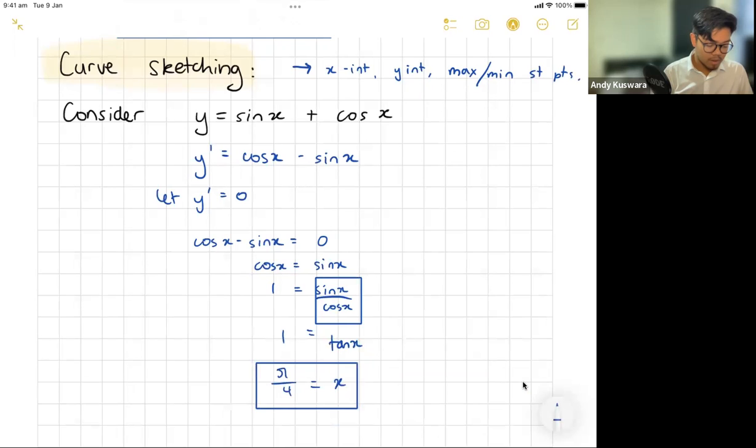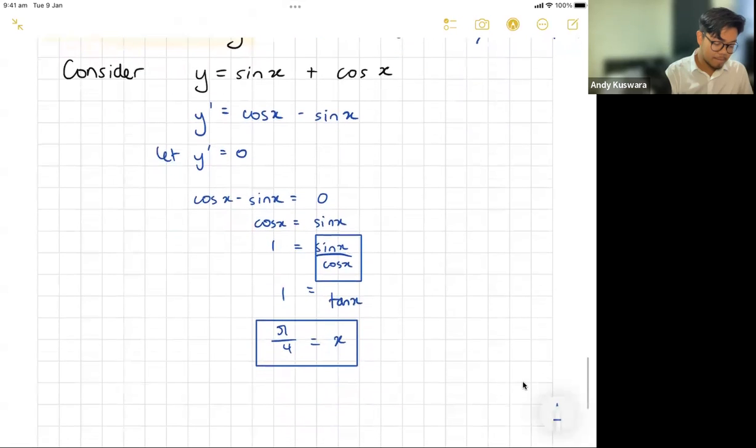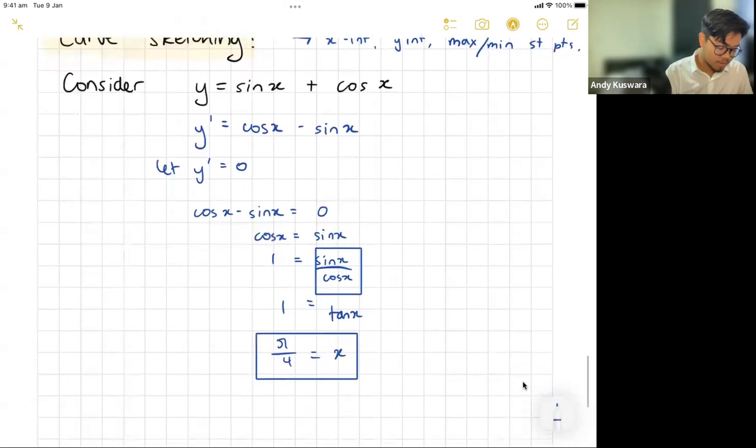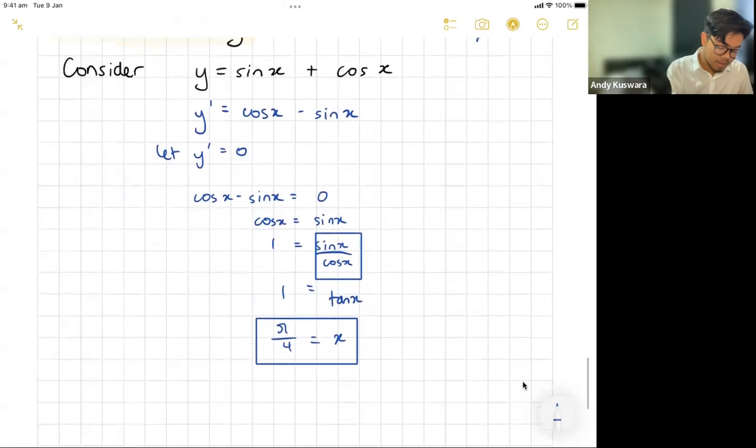So we know that at x equals pi on 4, we have a stationary point. Let's try to continue with it. I also need to find what happens at y.